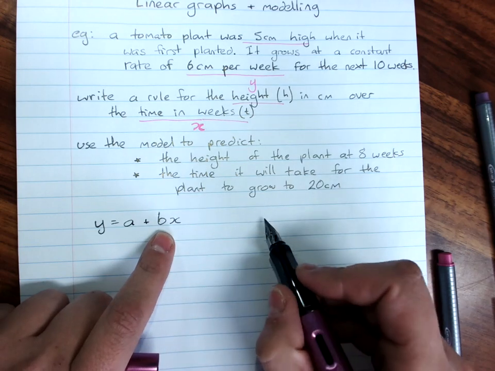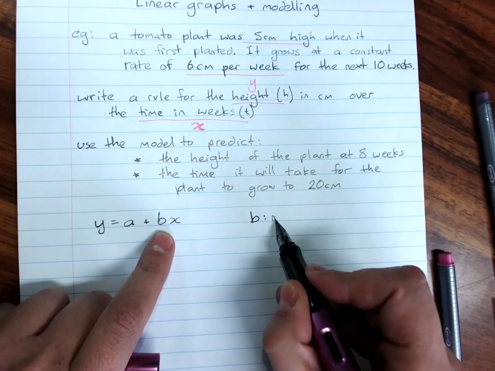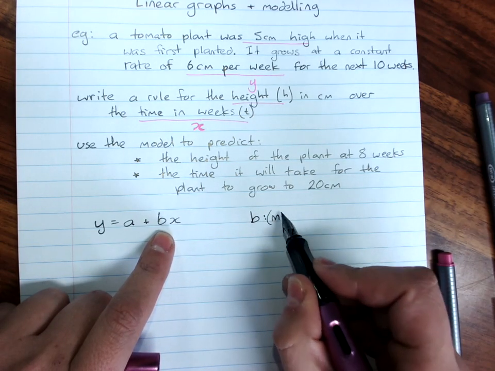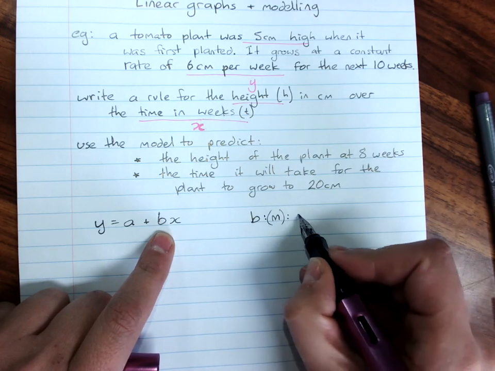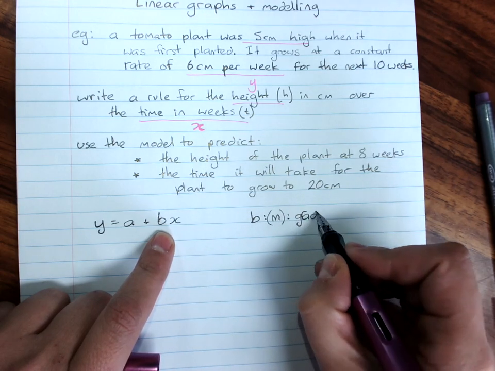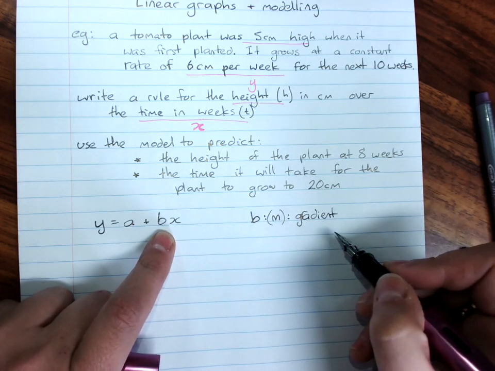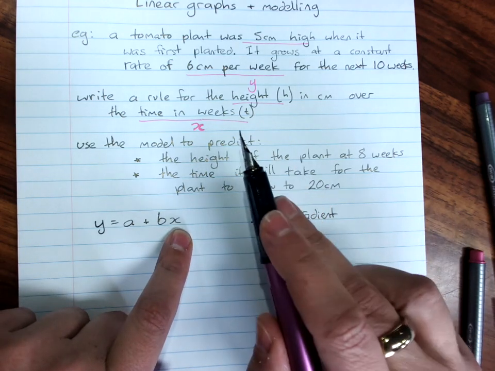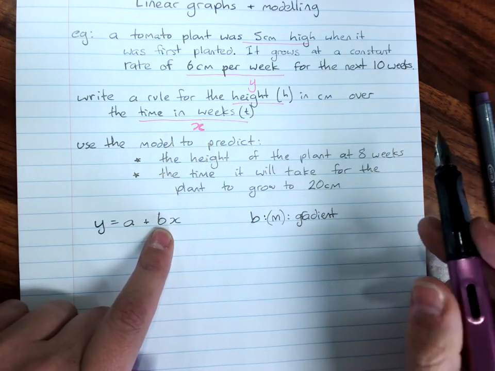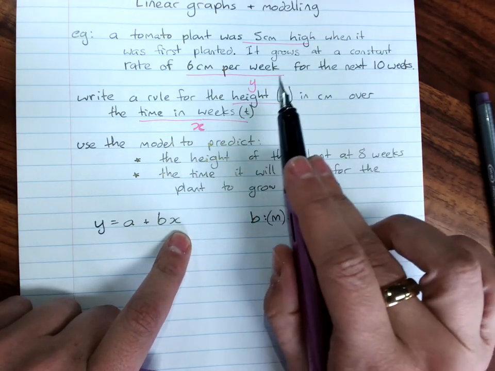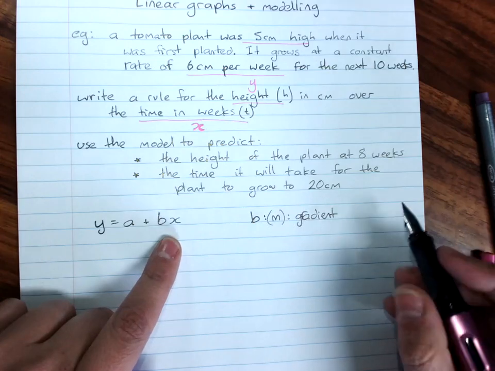Remembering, of course, that our gradient, which we used to call m, gradient, this is what changes every x. So since x is time in weeks, what changes every week? It is a 6 centimetre gain.